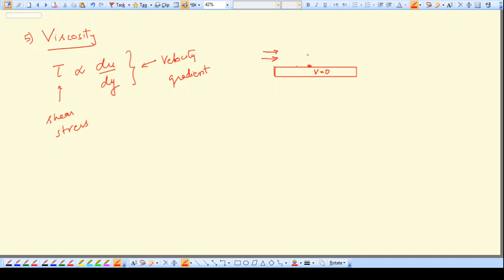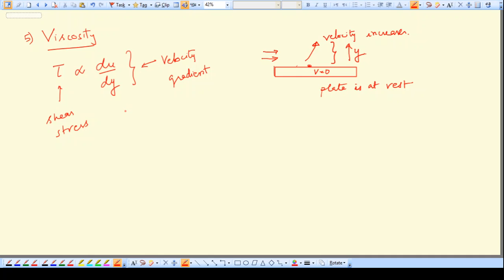Here the velocity is 0 because the plate is at rest, and when you go in the opposite direction, the velocity increases. So the velocity changes in the vertical y direction. This du by dy is called the velocity gradient, and tau is the shear stress.